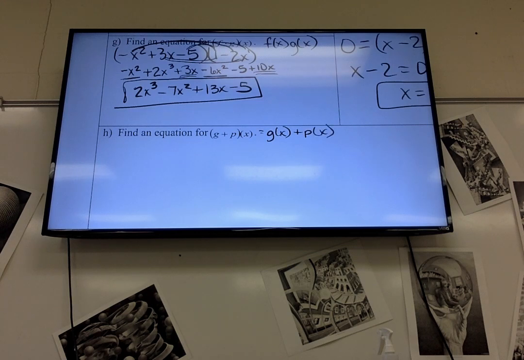That's all that means. And if you look up here, g of x is, again, 1 minus 2x. And you add to that p of x, but p of x is a fraction. X plus 2 over x minus 3.